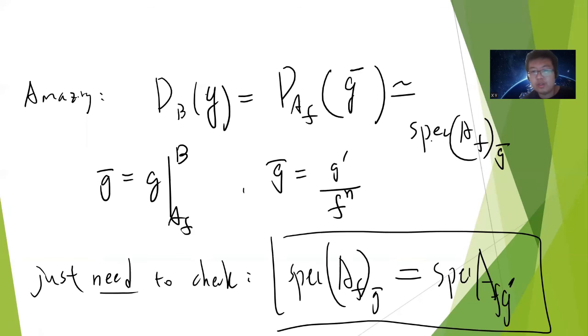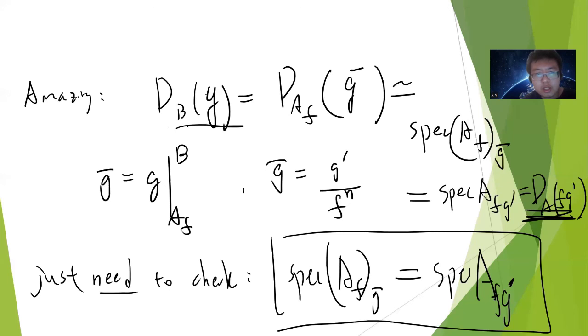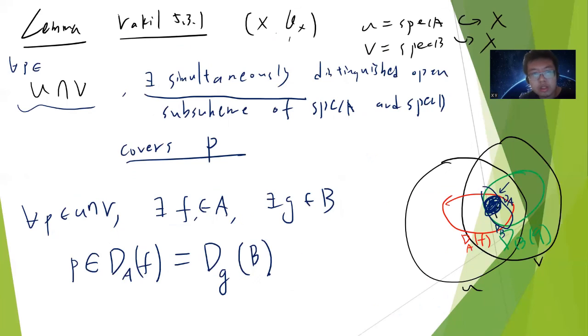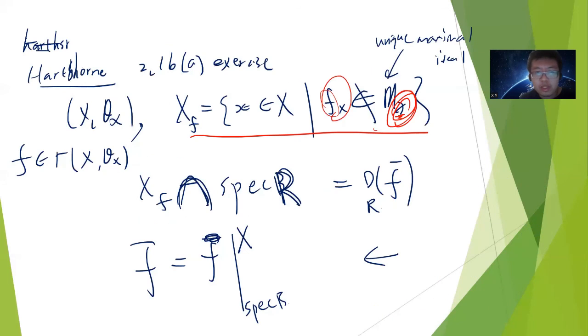You just check it yourself. Spec A_f restricted to g bar, where g bar is g prime divided by f to the n, you just play around with it, and you can prove that it's Spec A_(f g prime). So this is D(A_(f g prime)), a distinguished open subset, and D(B_g) is a distinguished open subset simultaneously. This is a proof of Vakil 5.3.1 using the previous Hartshorne exercise.